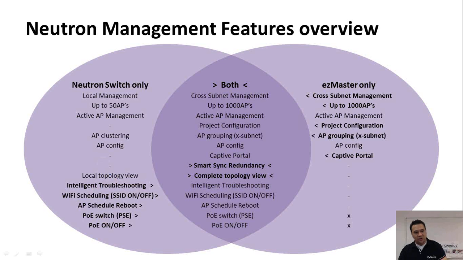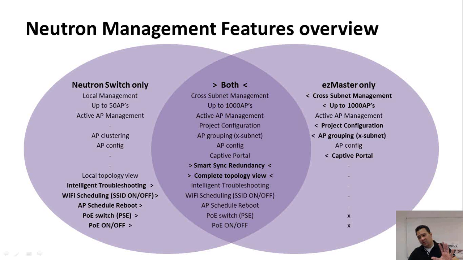The initial setup is to use both ezMaster and Neutron Switch, and then you see that all functions will be available. And we can summarize the main features added when you use Neutron Switch and ezMaster. Then you have, of course, the capability to manage up to 1000 access points.